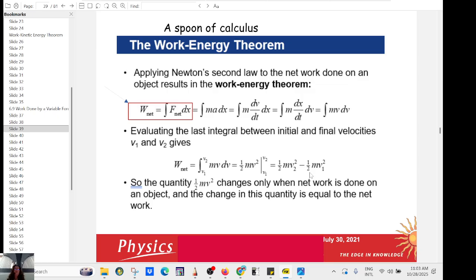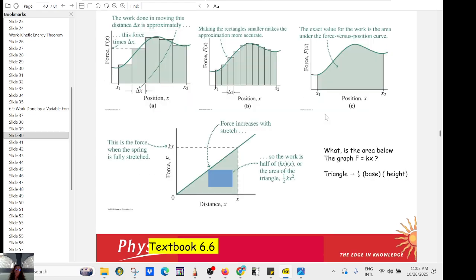So you can show that the net work equals the change in kinetic energy. So net work is done on the system only if the speed is changing. It's fun. It's math. You're supposed to be good at math. So I'll let you do that on your own.